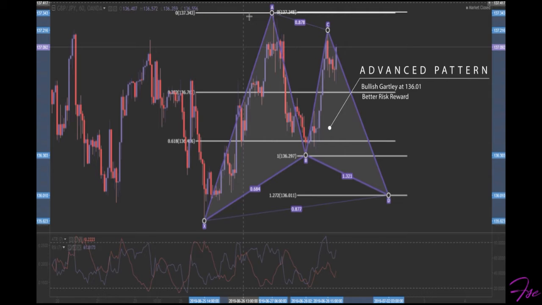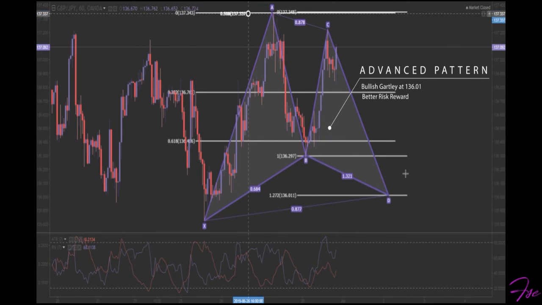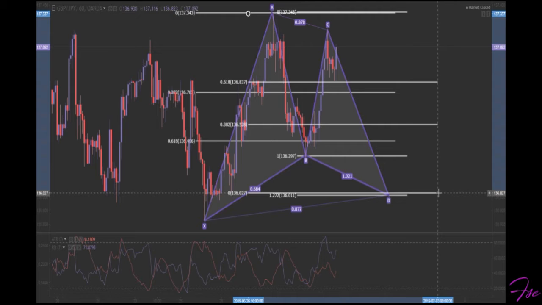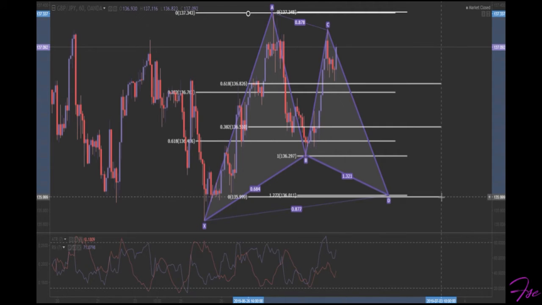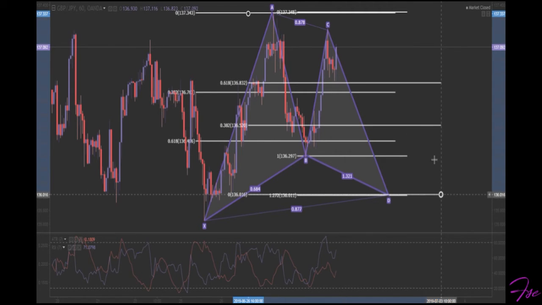Take it from A to D, and your target should be sitting at the 38.2 and the 61.8 if you take multiple targets. Okay, and your stop loss has to go below structure at X. So stop loss below X, the first target at 38.2, secondary target sitting at 136.83, which is 61.8.